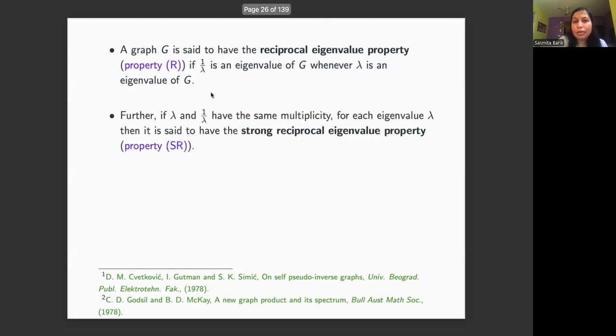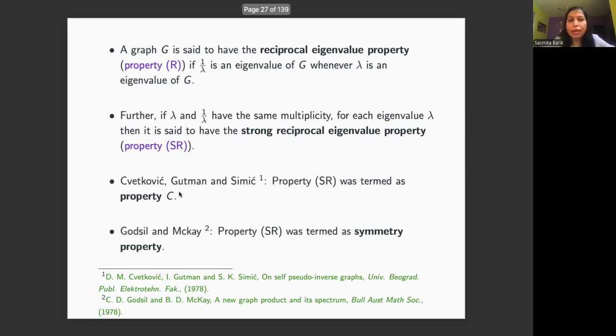But if we look at the multiplicity, as in the bipartite case, where the multiplicity remains the same for lambda and minus lambda, then if we require that for each lambda, 1 by lambda is an eigenvalue with the same multiplicity, it is known as the strong reciprocal eigenvalue property. So this way we defined property R and property SR.